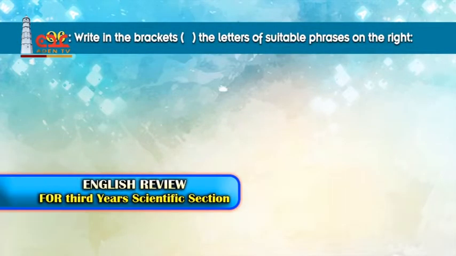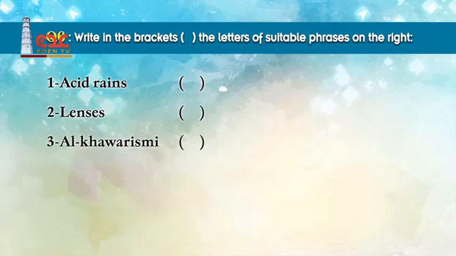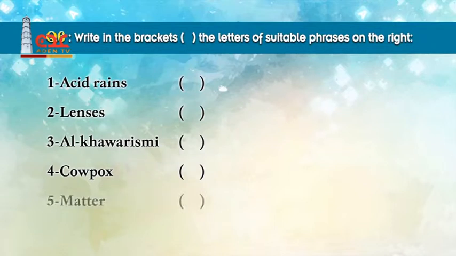Now the next question. Write in the brackets the letters of suitable phrases on the right. 1. Acid rains. 2. Lenses. 3. Algorithm. 4. Cow books. 5.